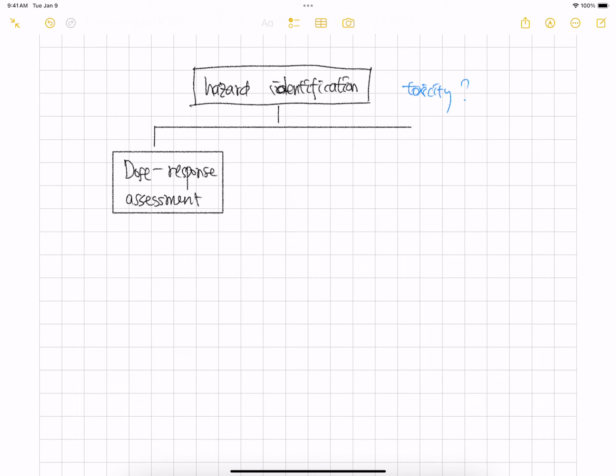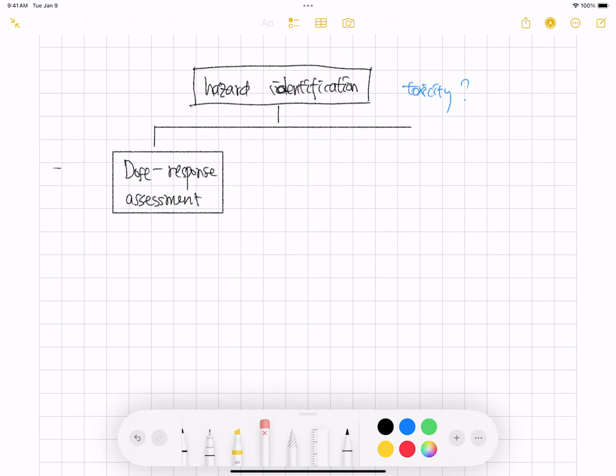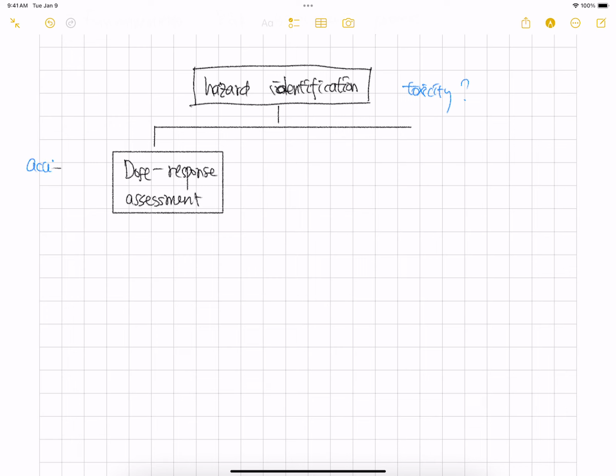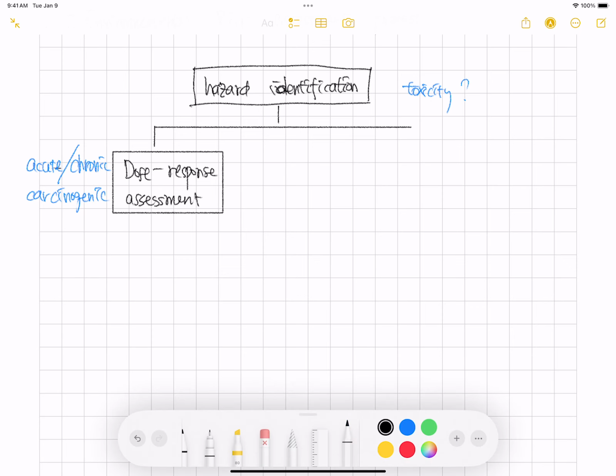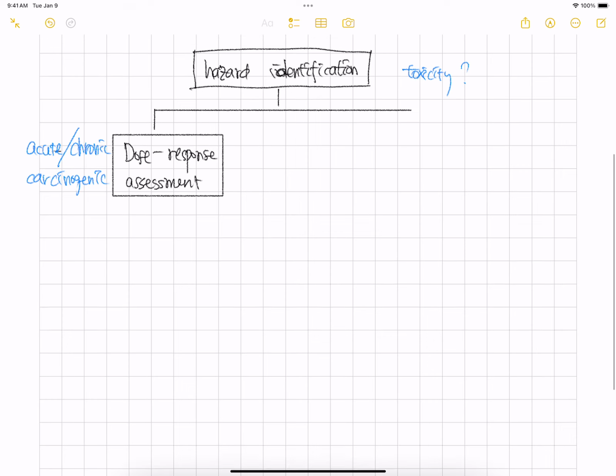In this step, we determine whether the contaminants or toxicants pose any acute toxicity or chronic toxicity, or whether a chemical has any carcinogenic effect or not, because carcinogens are classified into a whole different class of chemical.